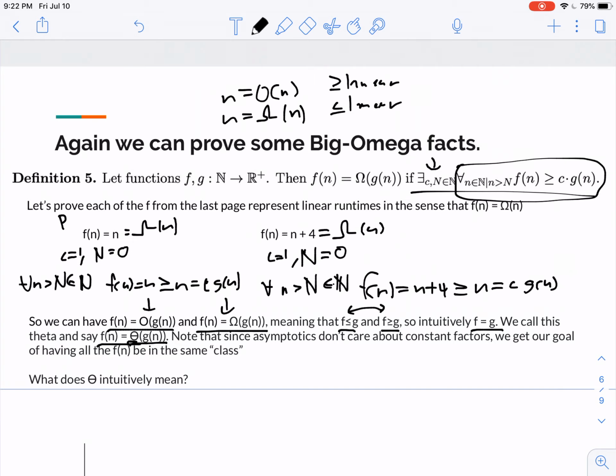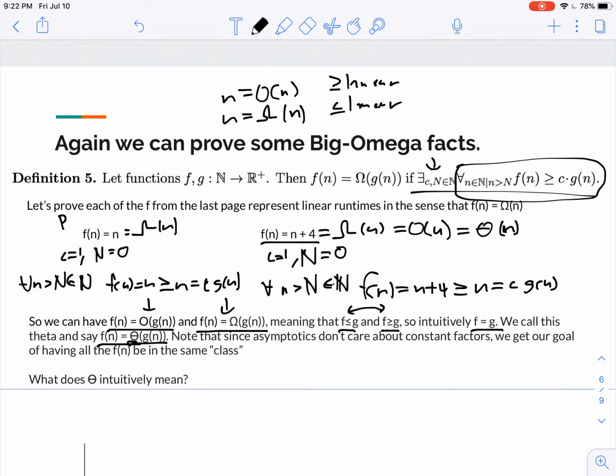Note that since asymptotics don't care about constant factors, we get our goal of having all these f of n's be in the same class. Like this f of n equals n plus 4, well, it's omega of n. We also proved that it's big O of n, and so that means it's also theta of n.